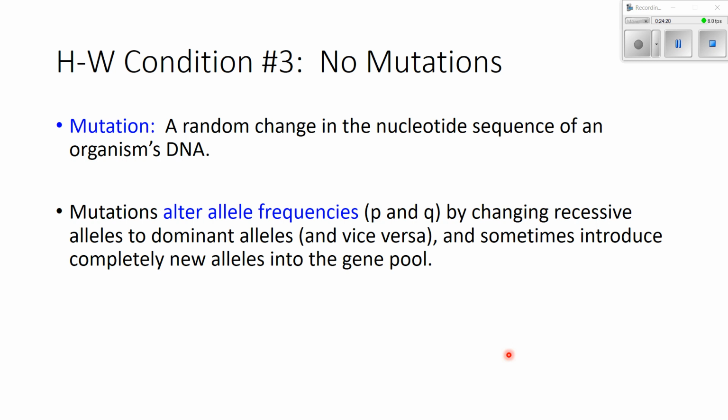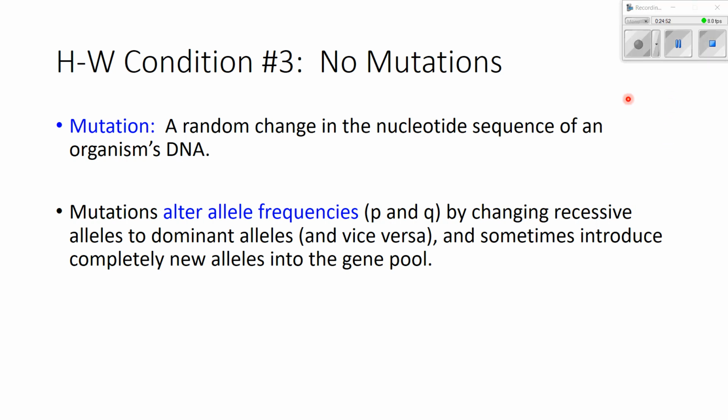Sometimes a mutation creates a brand new allele that has never existed within that gene pool. And then natural selection can sort out what happens to that new allele. Either it's going to be favored or it's going to be selected out. But mutations create alleles and automatically alter, at least in a minor way, allele frequencies. So, for evolution to not occur, there must be no mutations.